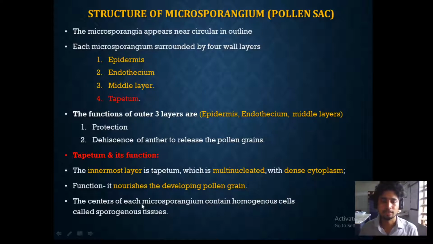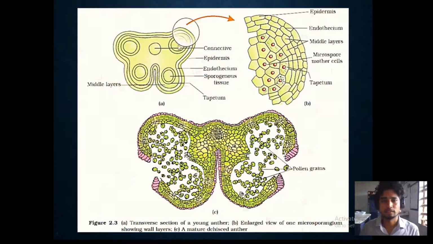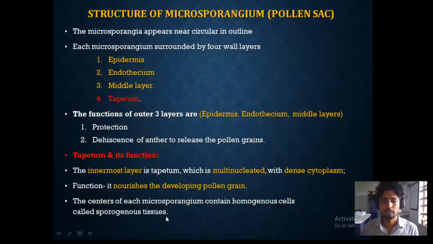The center of each microsporangium contains homogeneous cells called sporogenous tissue. Homogeneous cells means the cells which all look similar, they are all appearing similarly.